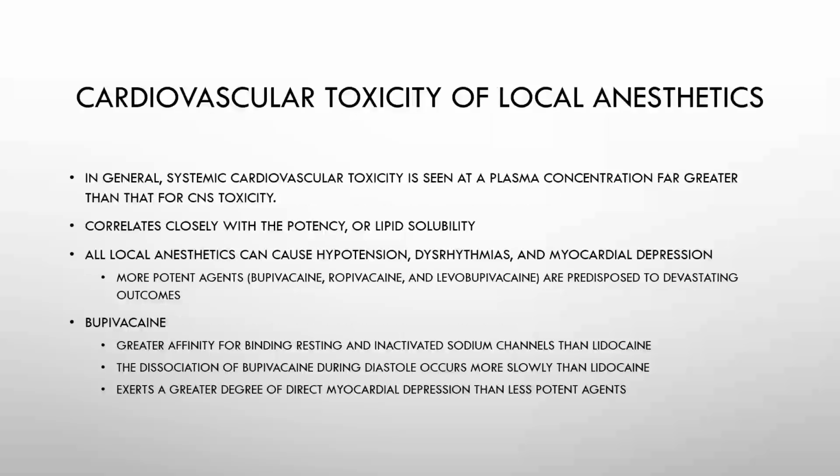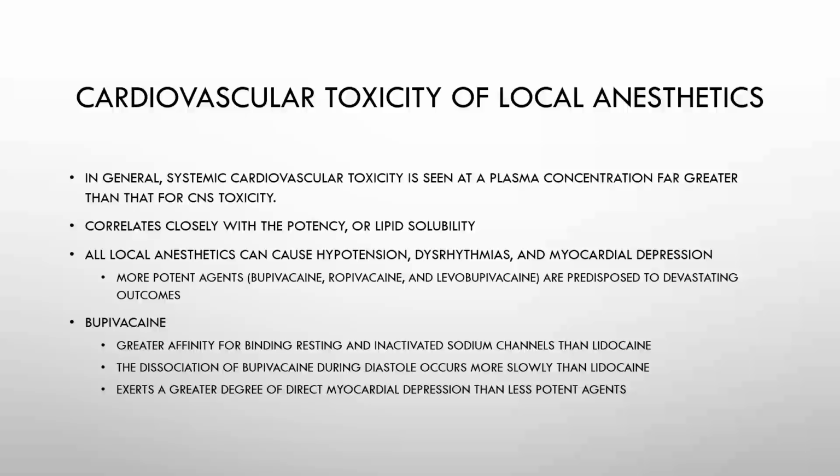In general, systemic cardiovascular toxicity is seen at plasma concentrations much higher than that for CNS toxicity. The potential for cardiovascular toxicity, like that for CNS toxicity, correlates closely with the potency or lipid solubility of the local anesthetic.